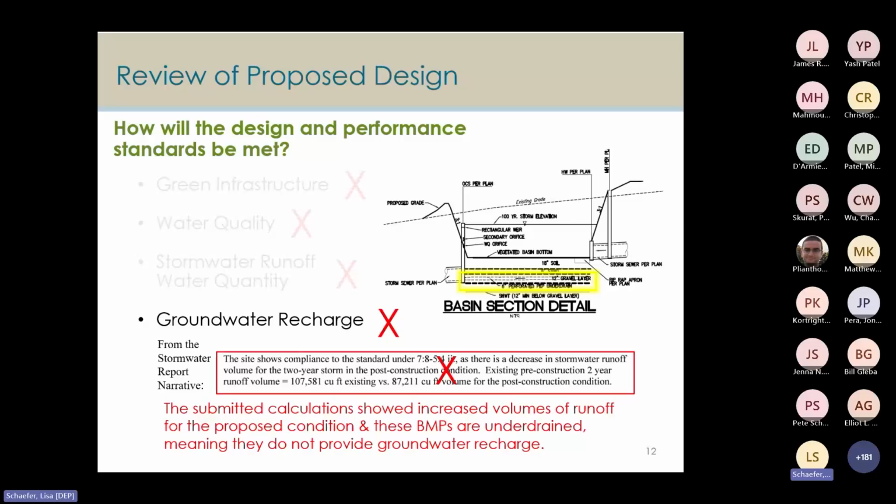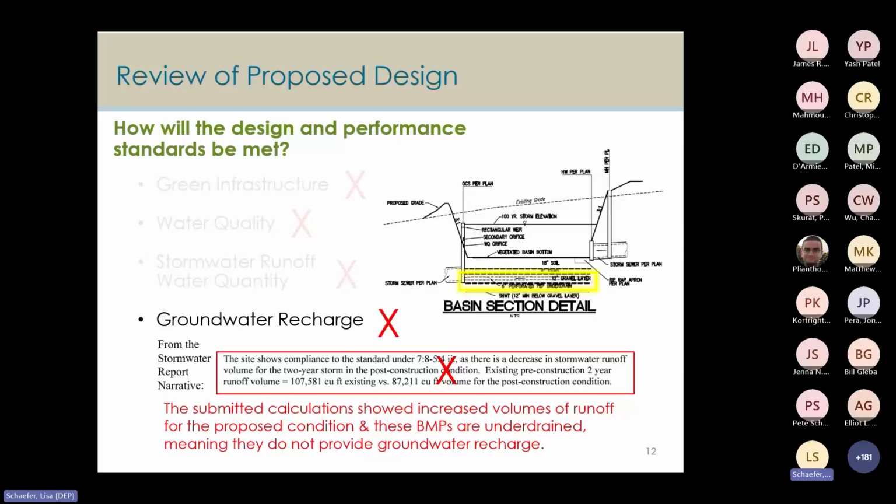So another thing that I would probably add to the review letter is the reminder that if the design were actually infiltrating runoff into the underlying soils, then I'd have to see a groundwater mounding analysis included with the report.